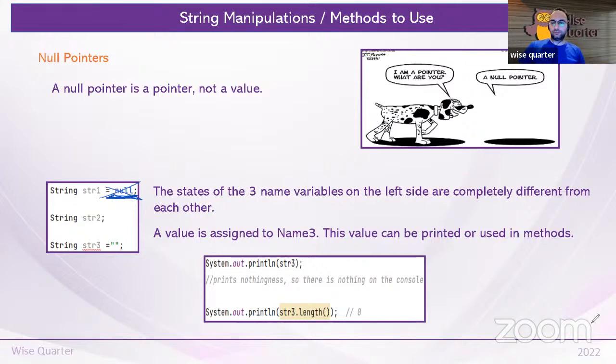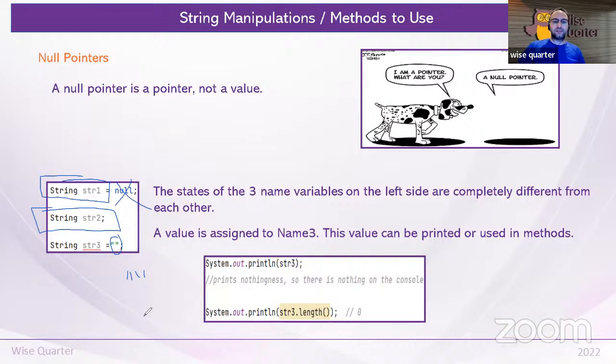You have to assign something to it to be able to use it. This one and this one are very similar. As you can see, they are very similar because both of them have nothing as a value. The first one seems like it has been assigned to something, but null is not a value. The third one is totally different. It has been assigned to something. You know, this is nothing.